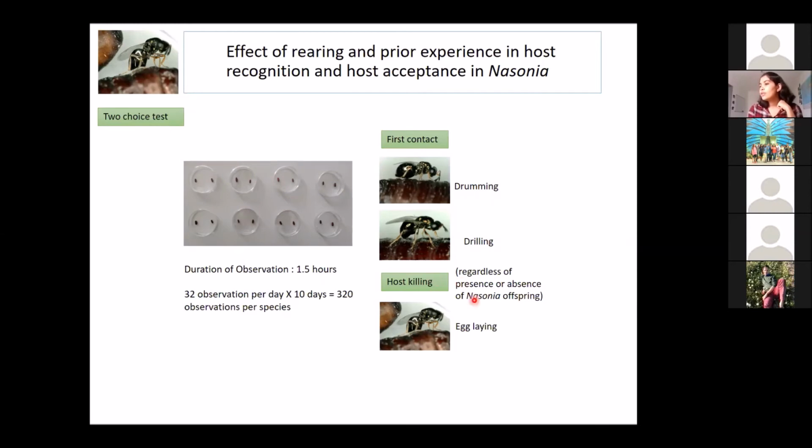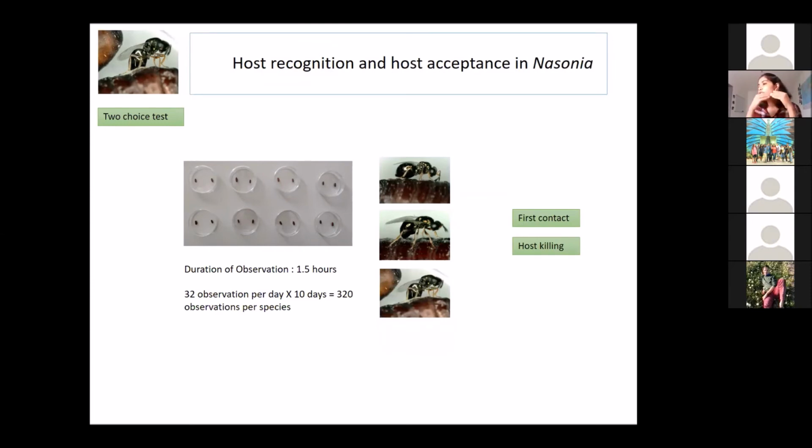So host killing is regardless of the presence or absence of offspring, and then egg laying means that they have offspring. Today I'll be focusing only on first contact and host killing, which I take as representatives of the traits host recognition and host acceptance, meaning that first contact is a trait of host recognition and host killing is a trait of host acceptance.